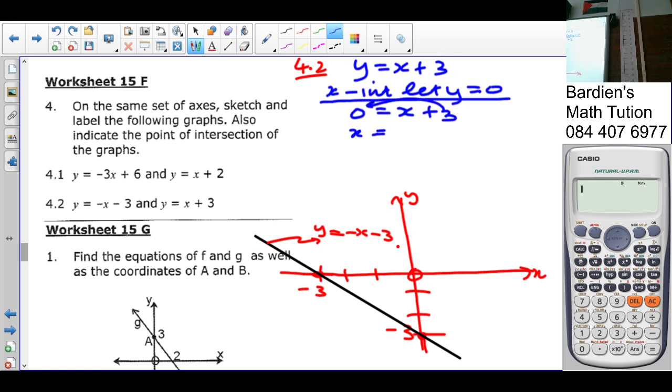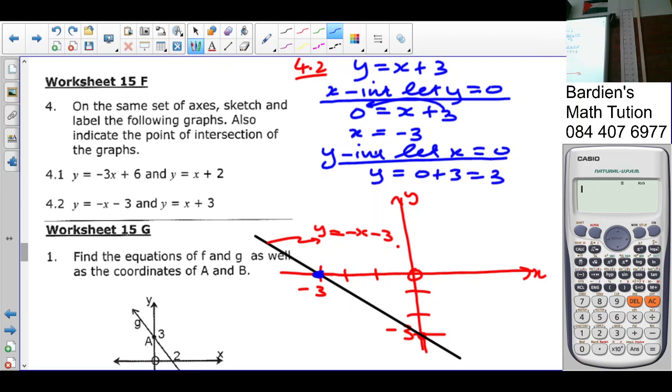So x is equal to negative 3, which is this point here. Then we do y-intercept. What do you do for y-intercept? x equals 0. So y is equal to 0 plus 3, which is 3. The graph is going to go through that. And this is the equation y is equal to x plus 3.